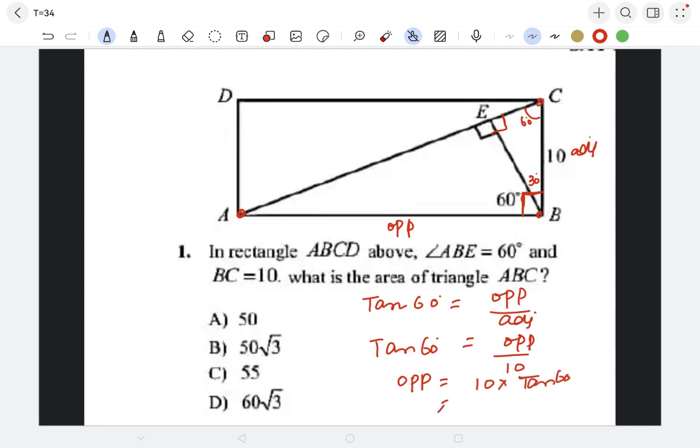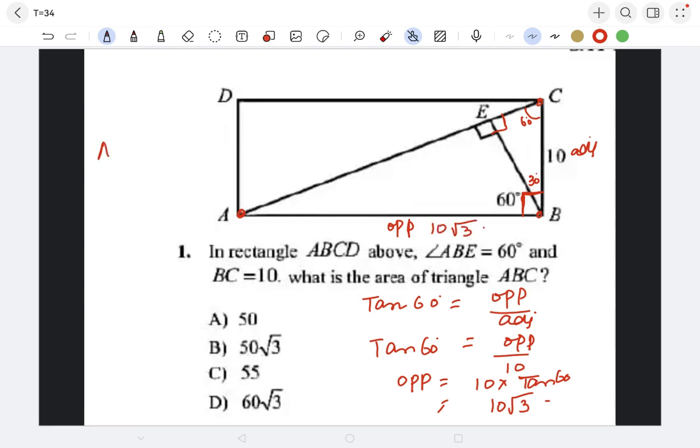So that is going to be tan 60 multiplied by 10, in degree mode, not in radians. So multiply 10 with tan 60 and it is giving the answer 10 under root 3. So this is 10 under root 3.